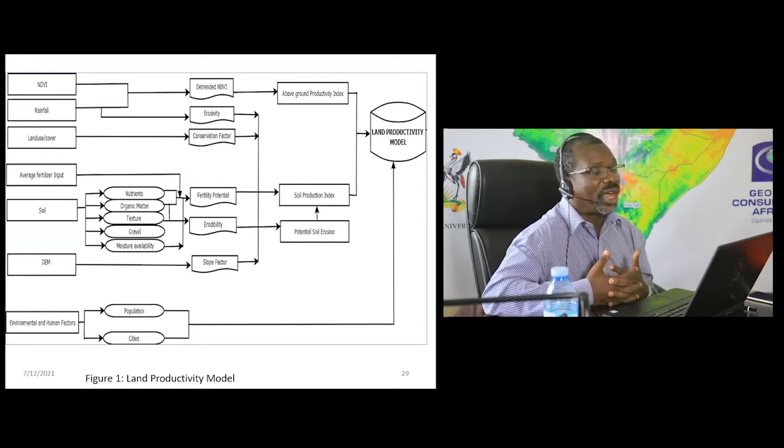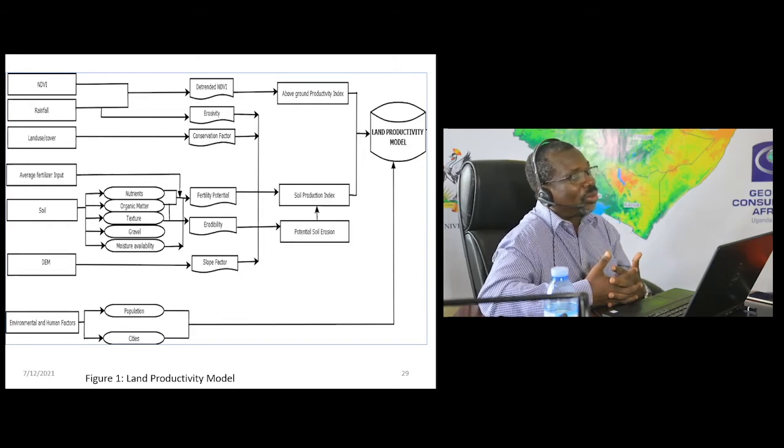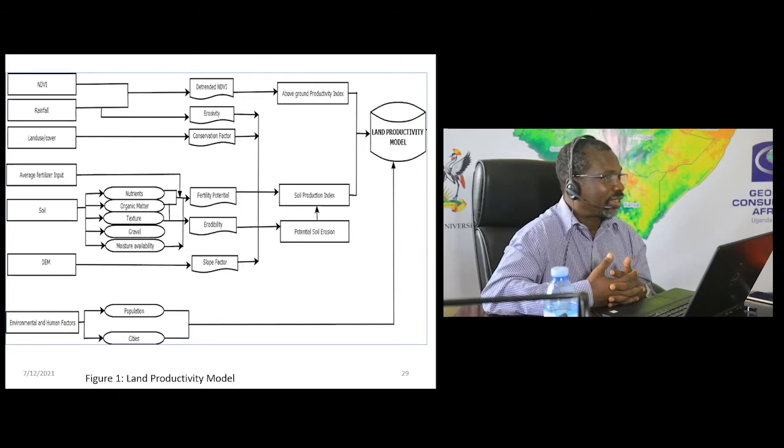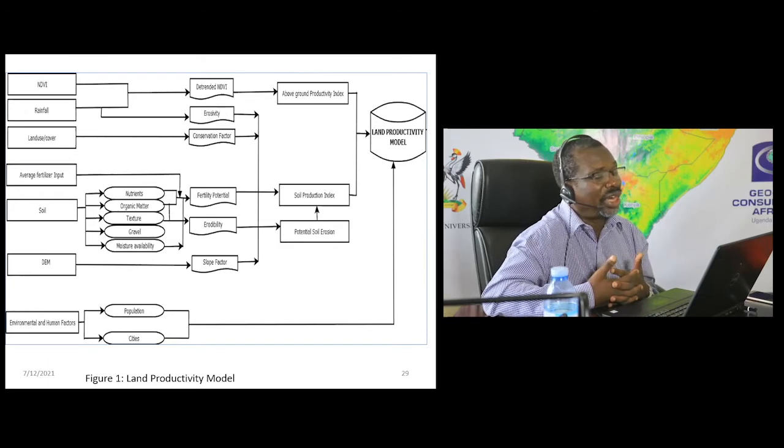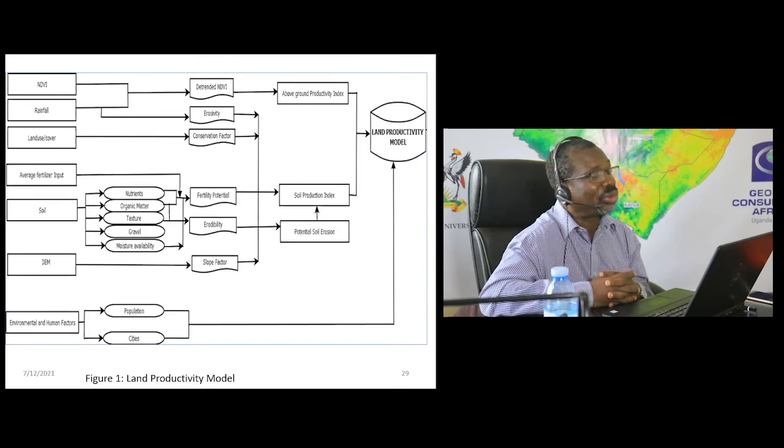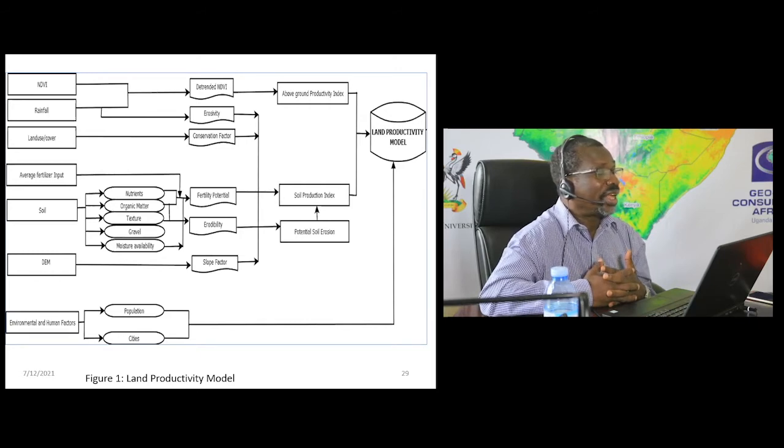If you look at the above ground productivity, we are looking at the NDVI as an indicator of the biomass, but also rainfall as somehow also associated with the productivity of biomass, but also the land use. The first thing was to make sure that the NDVI was detrended to remove the effect of rainfall, and the rainfall was also used to make an estimation of erosion.